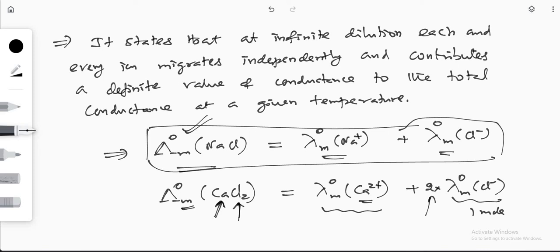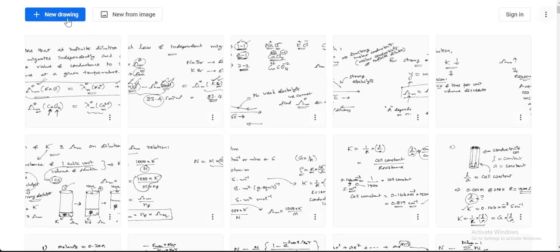So in general, if an electrolyte is given like this, say for example, AxBy, assume that this electrolyte dissociates to give nx number of A plus cations.